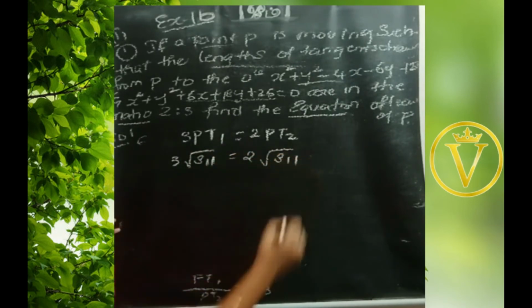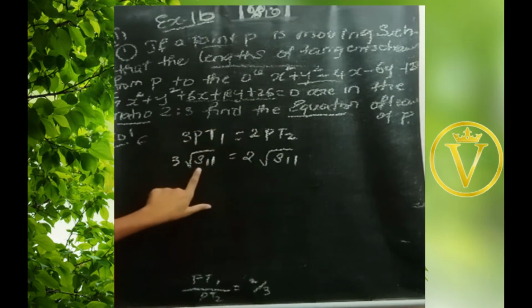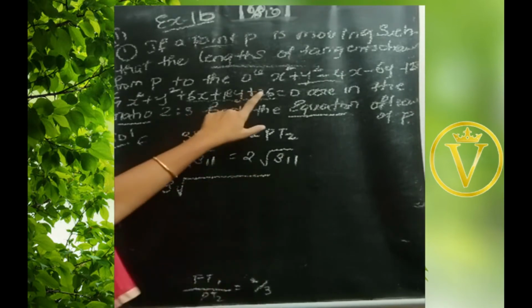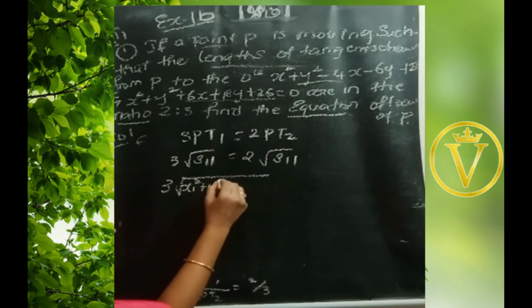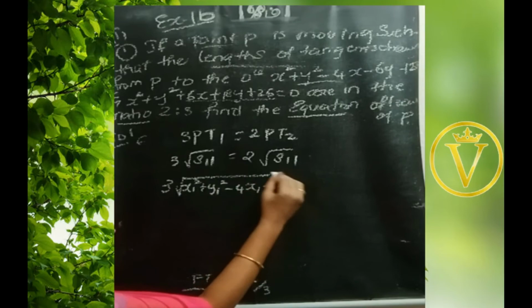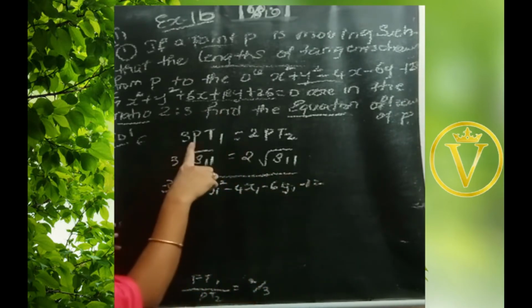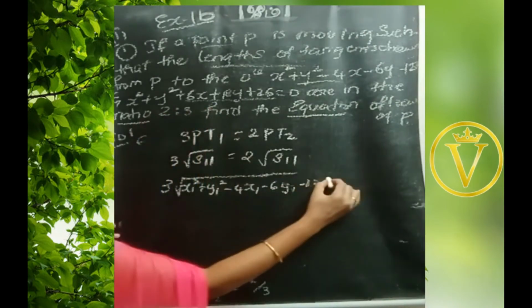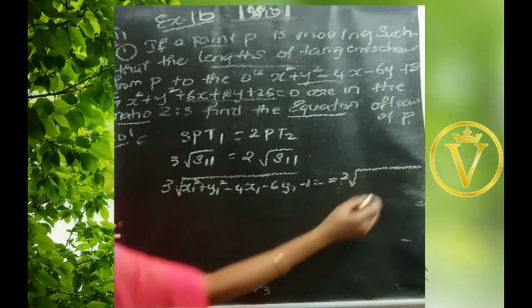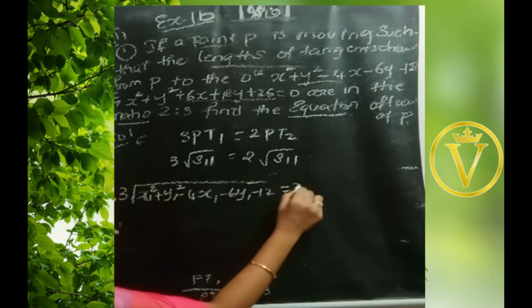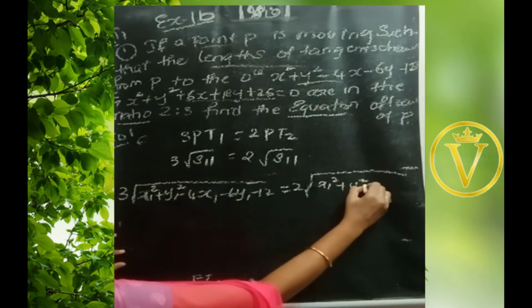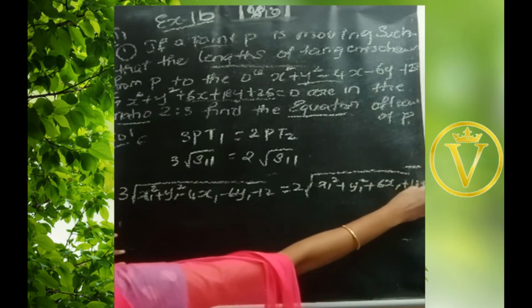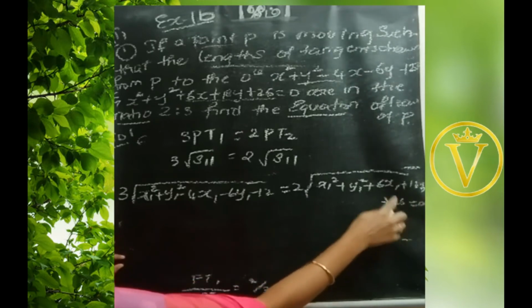PT1 is for the first circle, so it is root of x1² + y1² − 4x1 − 6y1 − 12. We assumed PT1 is the length of the tangent to the first circle, and PT2 is for the second circle, so S11 there is x1² + y1² + 6x1 + 18y1 + 26. See here, this 26 also has a root.